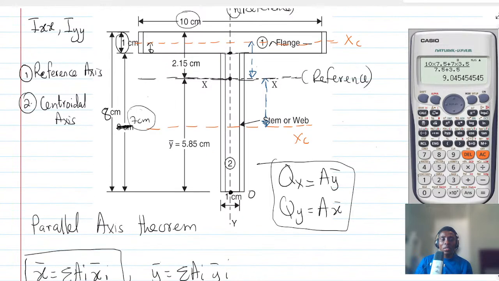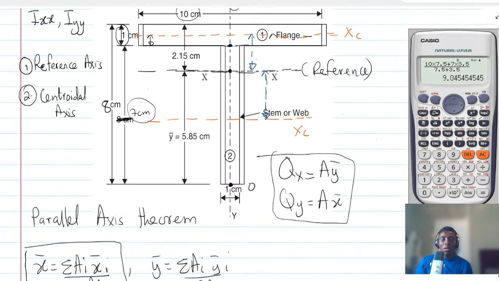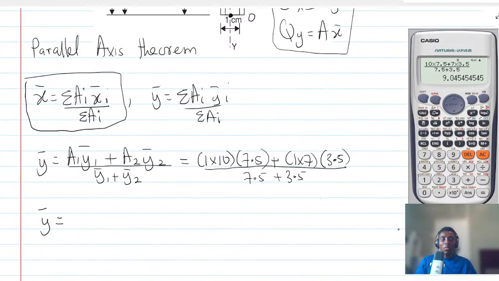So what are we getting? Sorry, I think there's a mistake here. It's supposed to be summation.